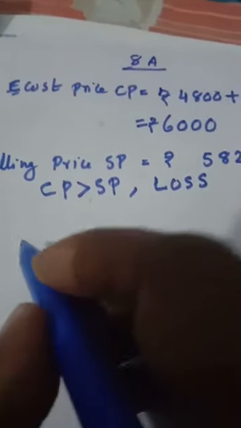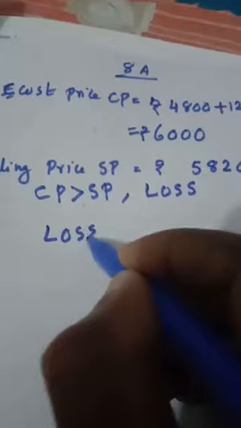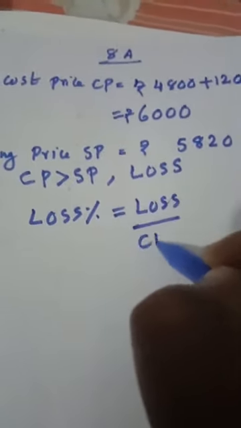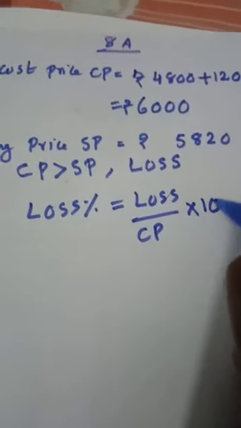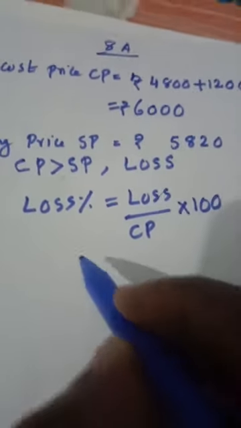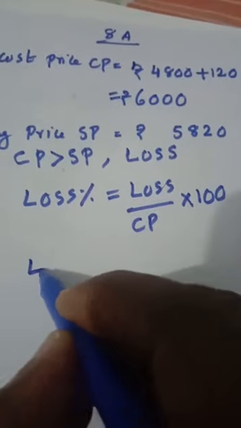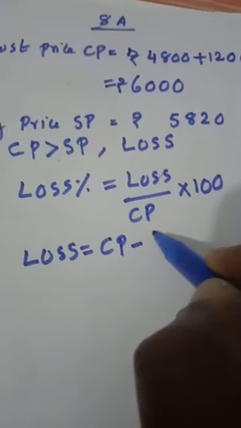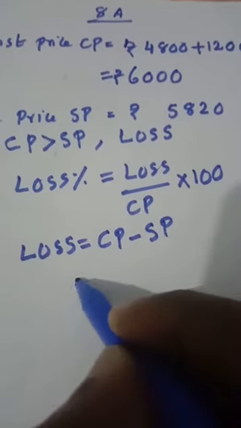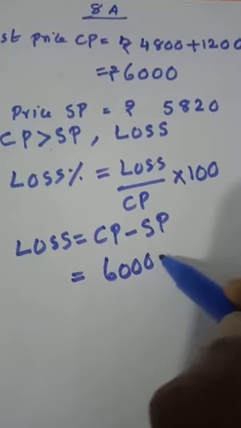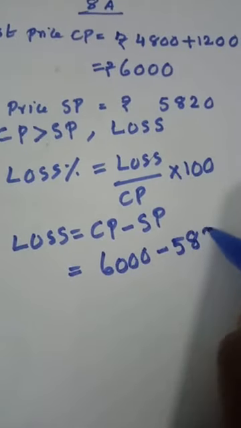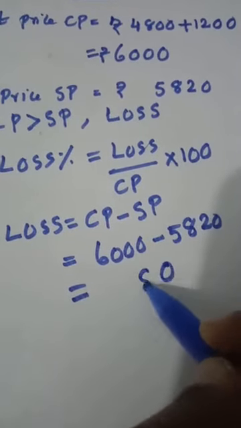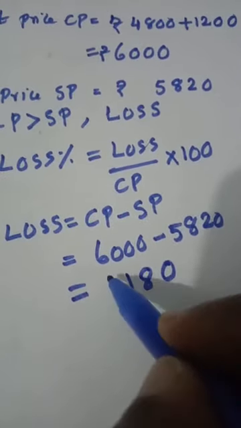Then how to find loss percentage? Loss percentage is equal to loss by CP into 100. Here, how to find loss? Loss is equal to CP minus SP, that is 6,000 minus 5,820, equal to 180 rupees.